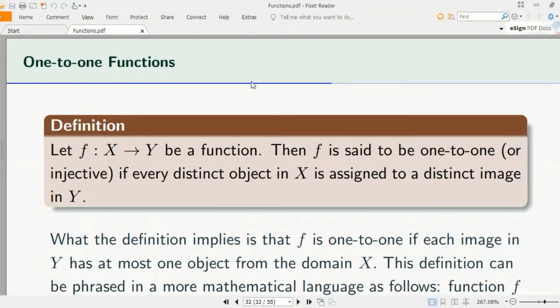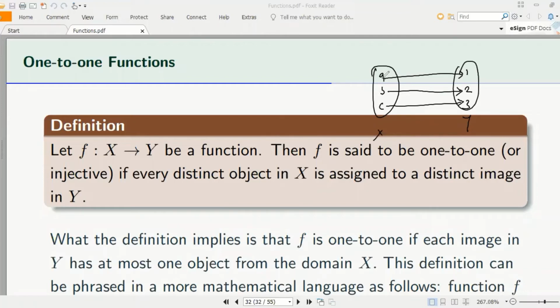I'll begin with this diagram. I'll begin with this set x, which has elements a, b, c. And I also have set y, which has elements 1, 2, 3. I want this to be assigned 1, this to be assigned 2, and this to be assigned 3.